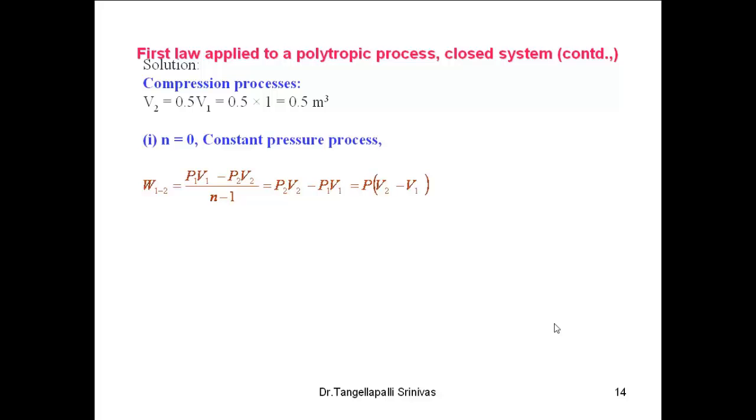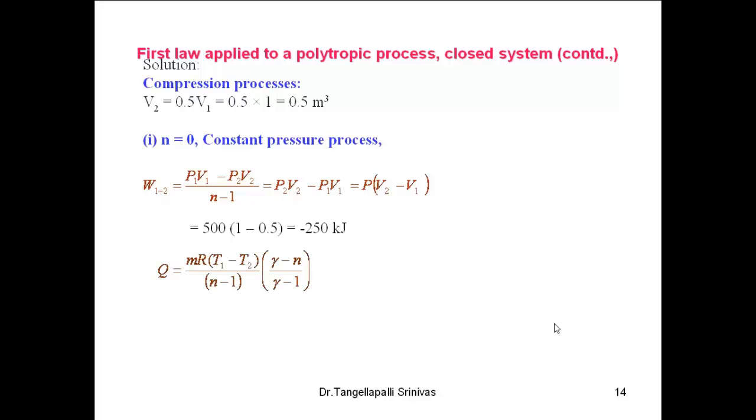According to thermodynamics, W can be calculated from (P1 V1 minus P2 V2) by (n minus 1). For the constant pressure process, the work is equal to P into (V2 minus V1). After substituting these values, the work here is minus 250 kilojoules. The minus sign is for the compression process, the work done on the system, that's why the direction is negative.